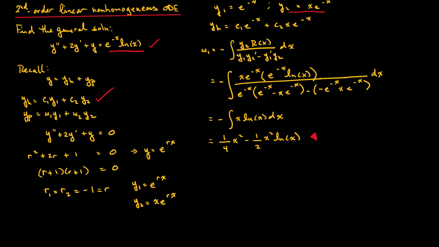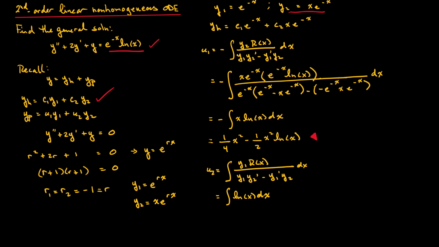We're nearly there. Now we need to find a solution for u2. Now u2 is equal to the integral of y1 r of x, our non-homogeneous term, divided by the Wronskian of y1 and y2. And what we find is that this gives us the integral of ln of x dx.